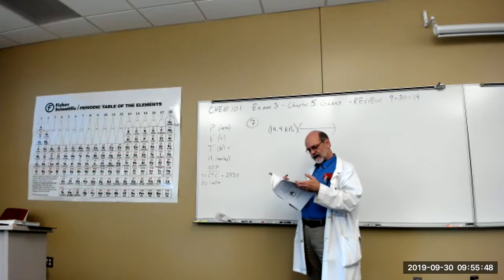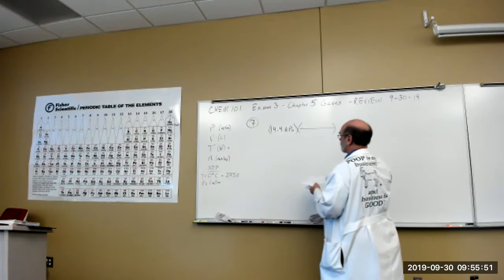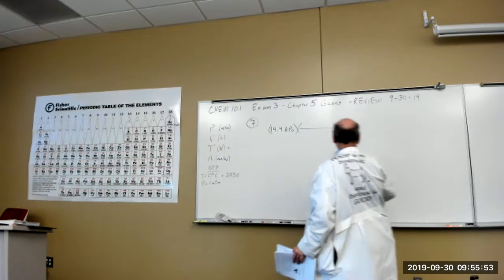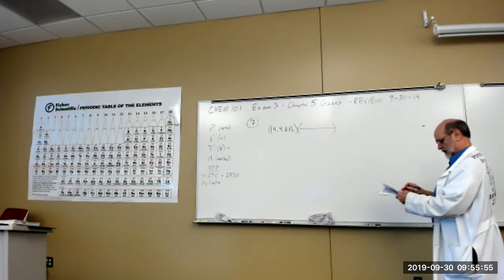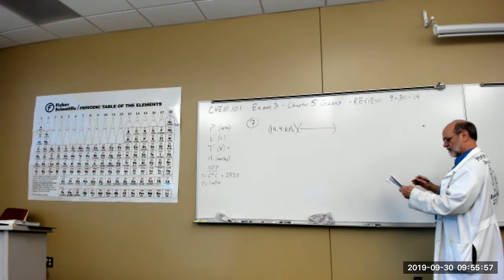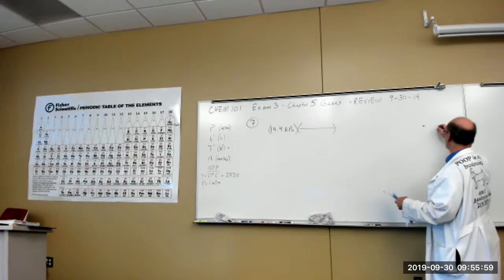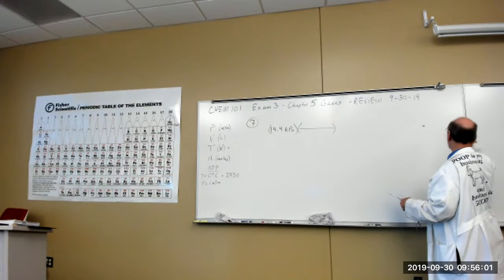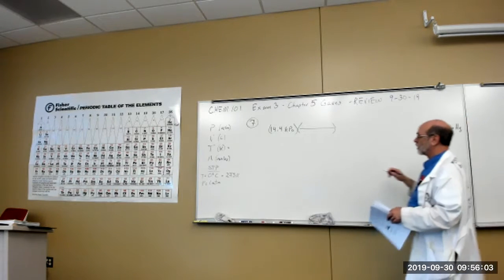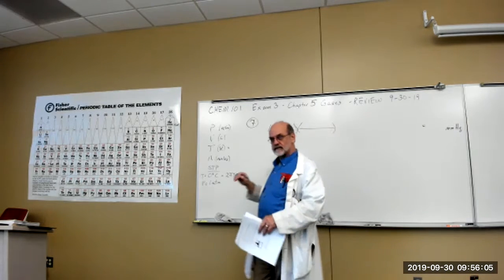Yeah, there's no kPa in here. So if we're going to use that conversion factor to give us millimeters of mercury, we're going to have to convert this to pascals first, right?